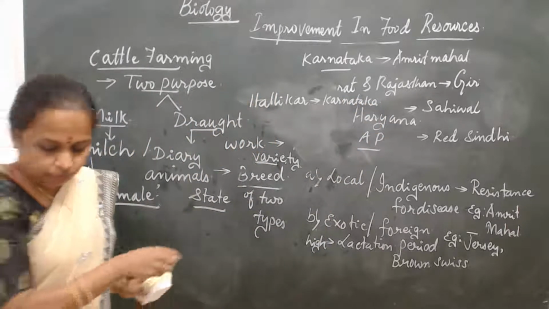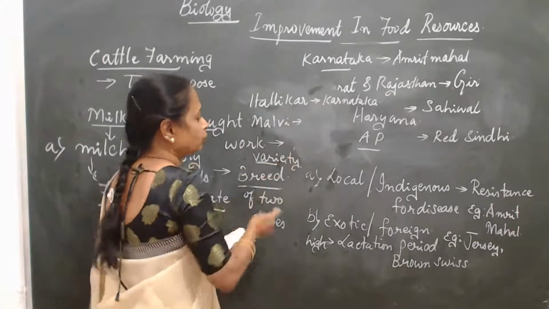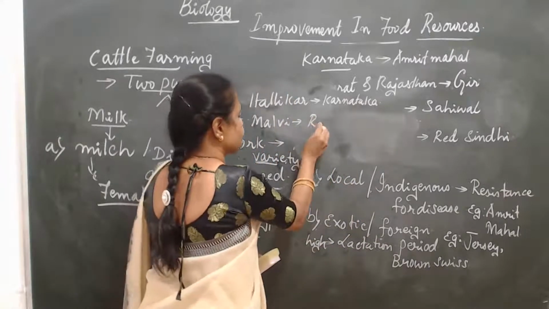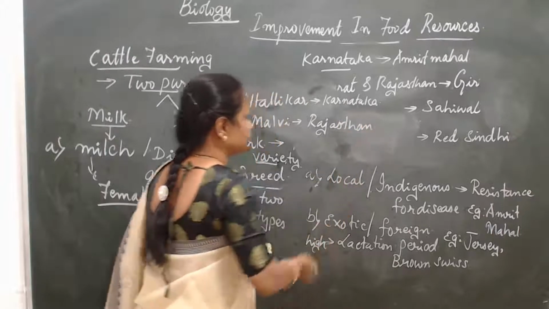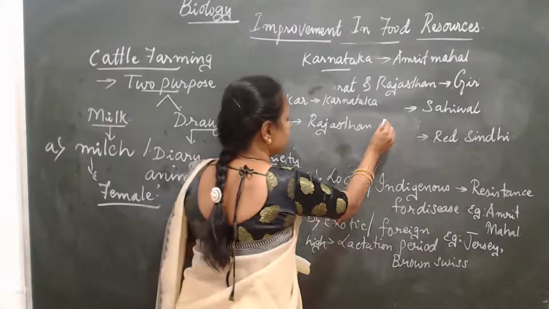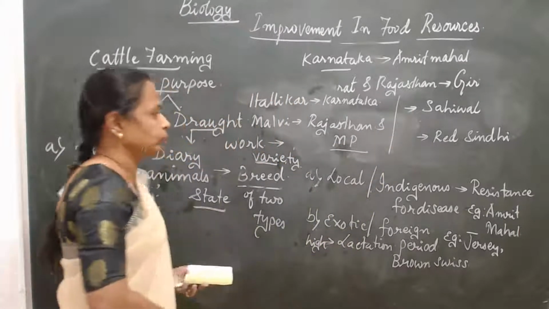And Malvi is a draught breed which is found in Rajasthan, and to some extent it is seen in Madhya Pradesh also.